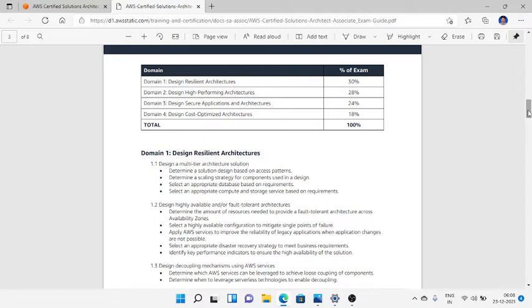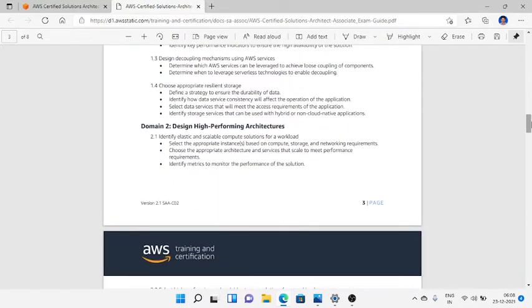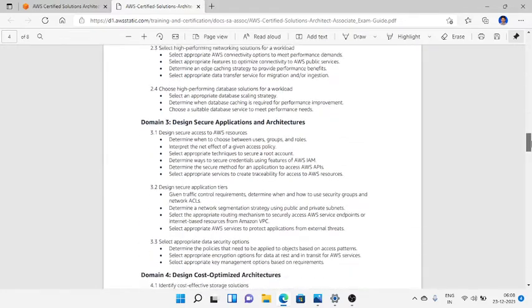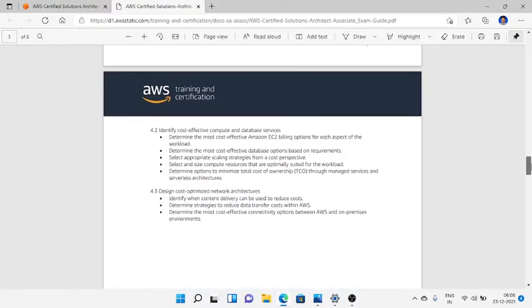It is about multi-tier architecture solutions, then fault tolerance architectures, and the decoupling mechanisms in AWS services. You can download this and go freely through all the concepts given here.